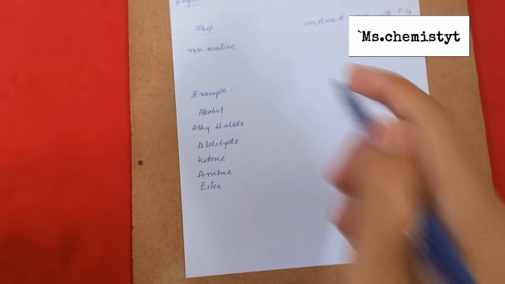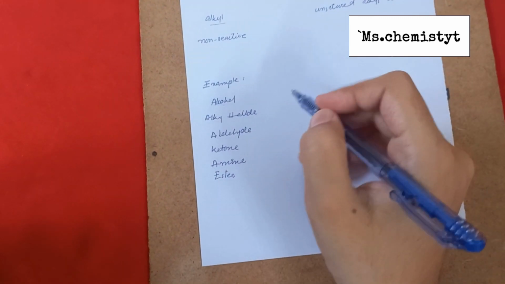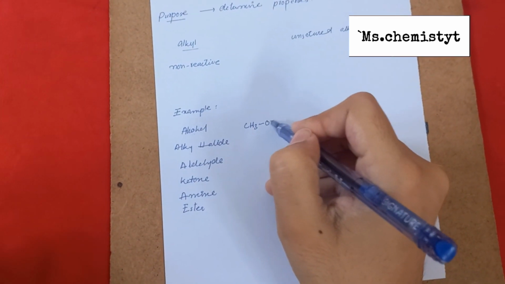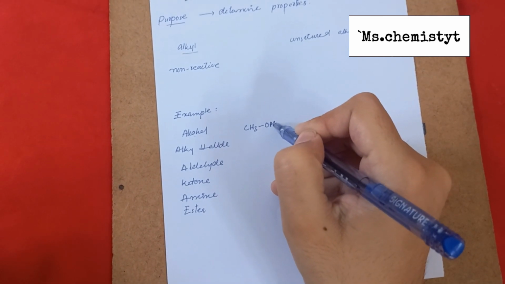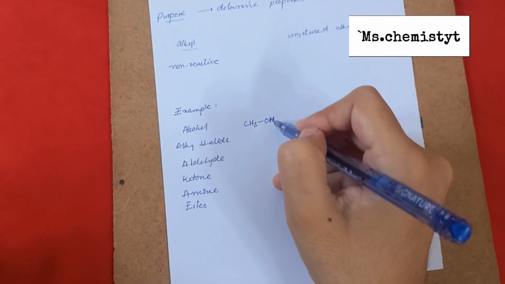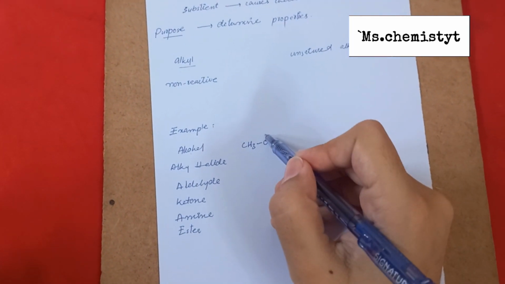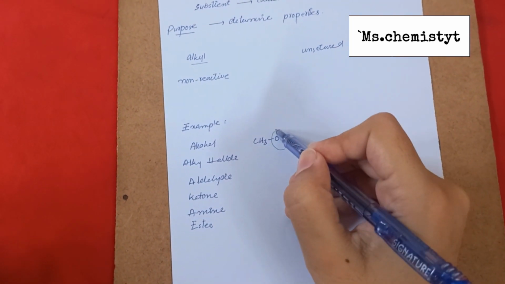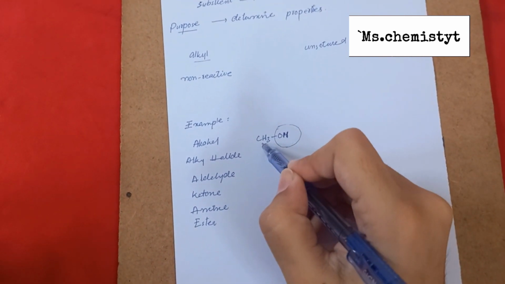If I write the example for the alcohol group, here I have methyl alcohol. How do we know this is the alcohol group? We can distinguish it by the OH. This is actually the functional group on a methyl group.